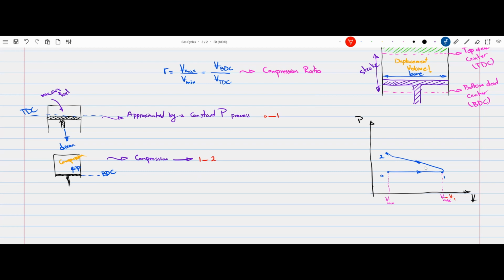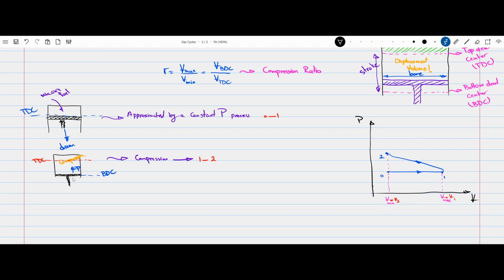And that's where you get 1 to 2. Now, please keep in mind that the piston, while going through the compression, can only reach the TDC, right? So the volume of the system at state 2 is equal to the minimum volume, which instantly tells me that the minimum volume of the system is equal to volume 2.